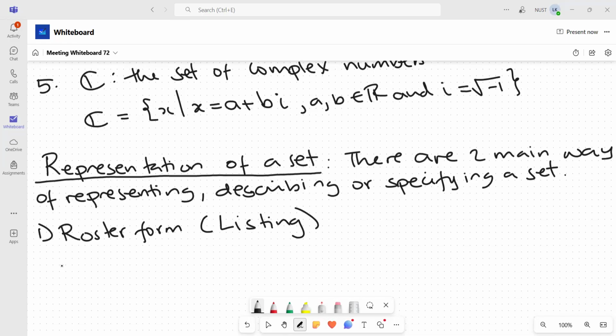Okay, so if we look at an example of this, we say that V is the set of all vowels in the English alphabet.